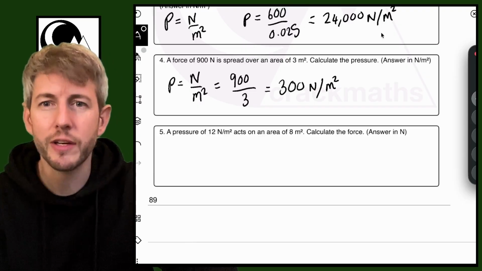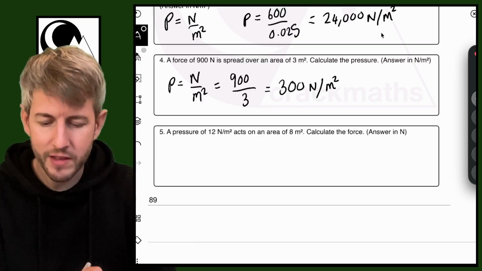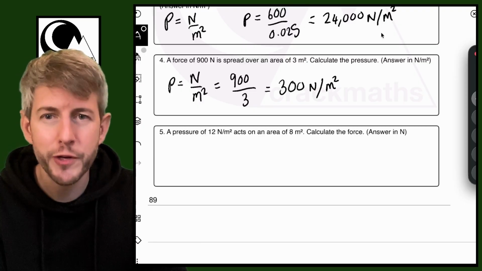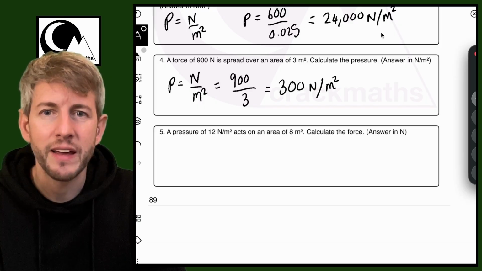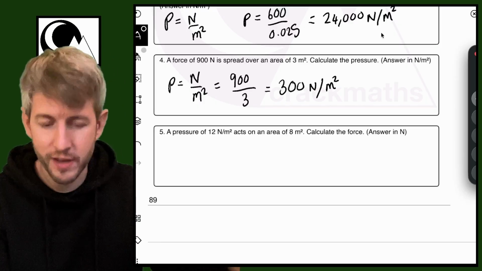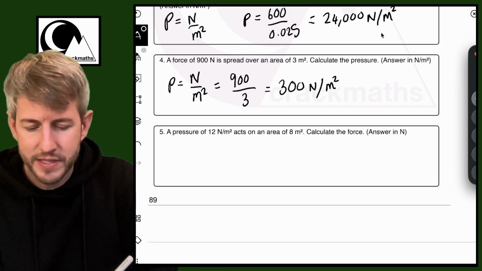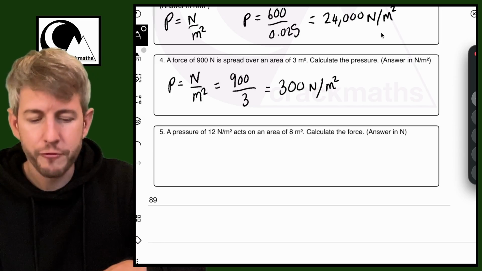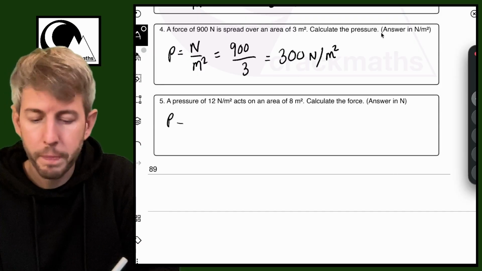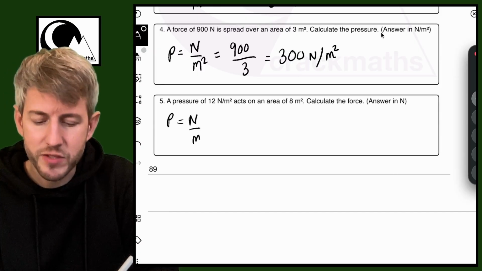Okay, so let's have a look at question 5. So question 5 here says, a pressure of 12 newtons per metre squared acts on an area of 8 metres squared. Calculate the force, answer in newtons. Okay, so this time, remember, we've still got the same formula from above because we know it's newtons per metre squared. So pressure equals newtons over metres squared.